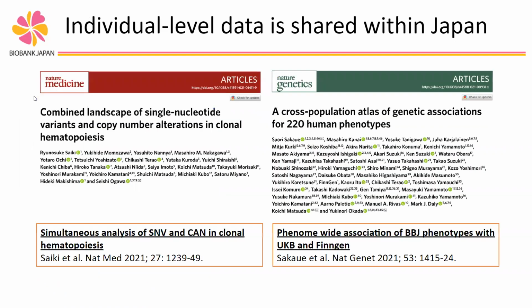And actually, within Japan, we shared individual data, and these data are used in several different studies, like the simultaneous analysis of SNP and CNA in clonal hematopoiesis, the left article, or the genome-wide association recently published in Nature Genetics.